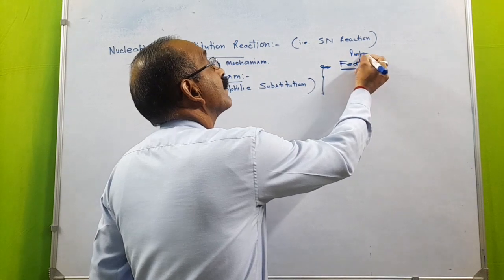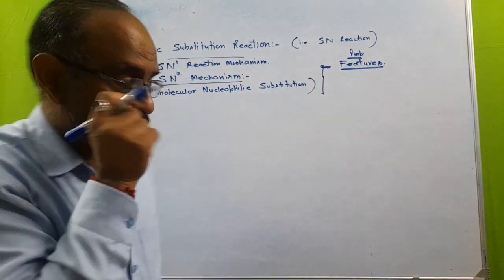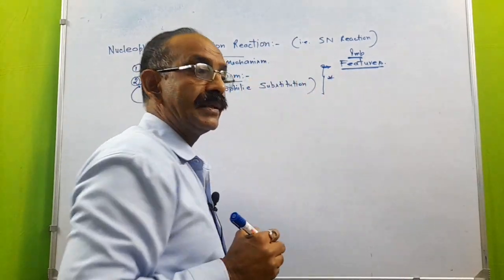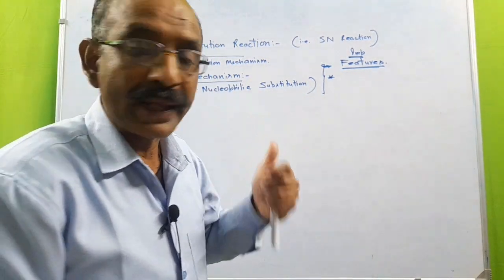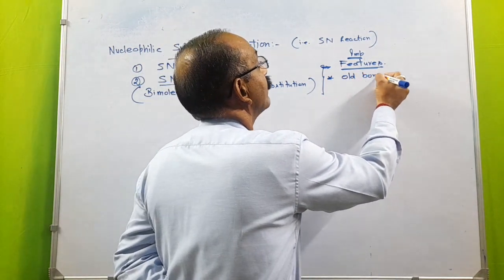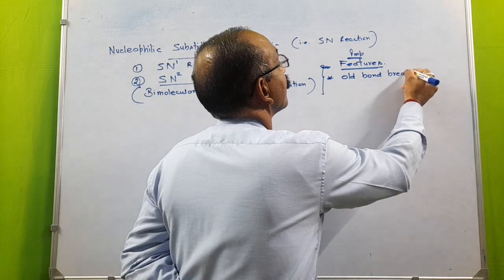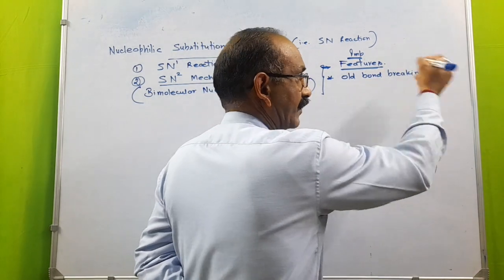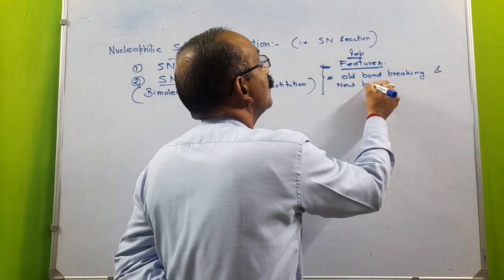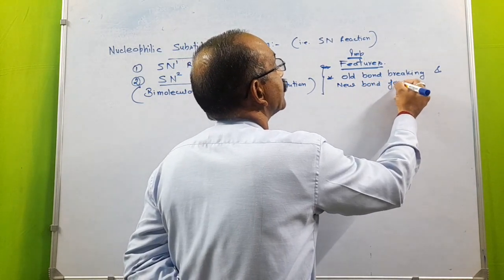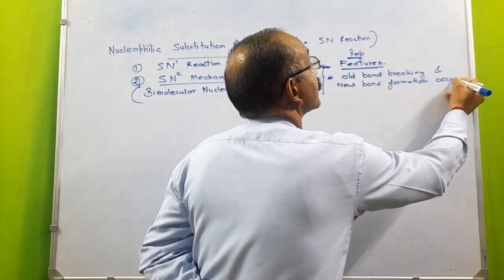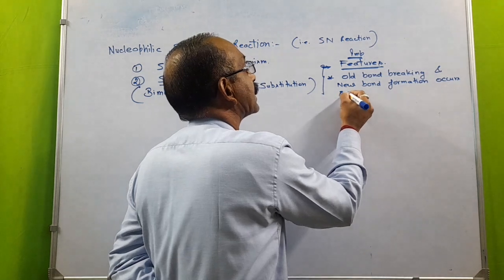The important features of the SN2 mechanism are, firstly, in this SN2 mechanism, the old bond breaking and new bond formation both occur simultaneously.